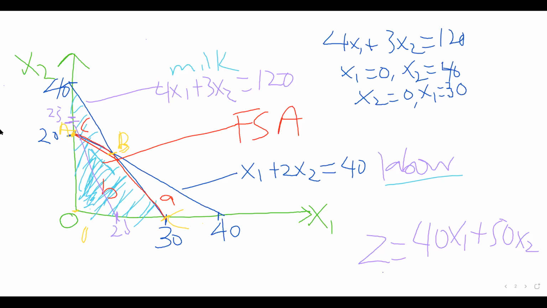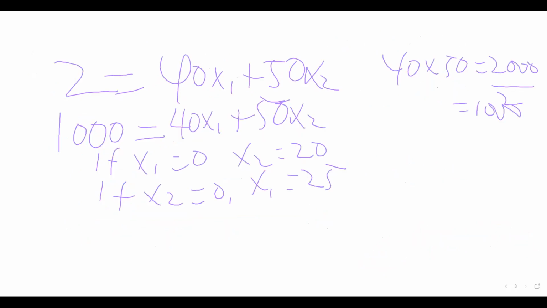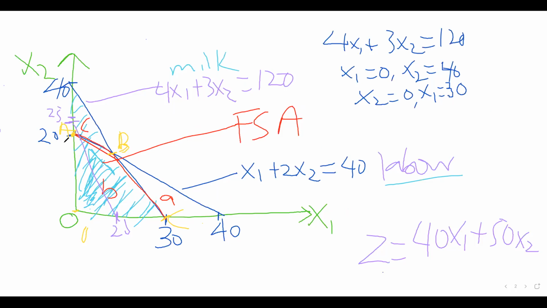Now remember, the number I selected was 1,000. If I select a number like 800, which is equal to 40x1 plus 50x2, you can choose any number like I said, the line will come down somewhere down here, but it will be parallel.